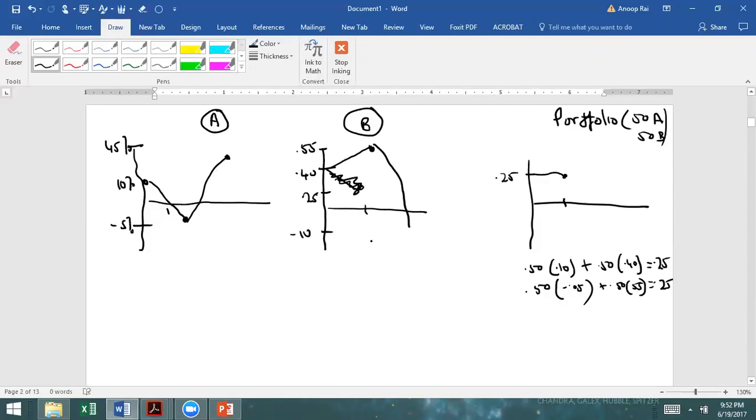But what happens to the portfolio in period three? In this period, let's see, 50% of it did a whopping 45%, but the other 50%, let me be careful, this is not exactly turning out, sorry, 55%. And the other one turned out to be -10%. So that's 27.5. Sorry, I need to recheck here.